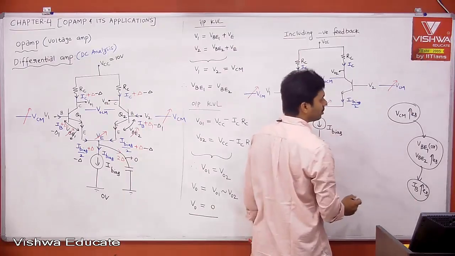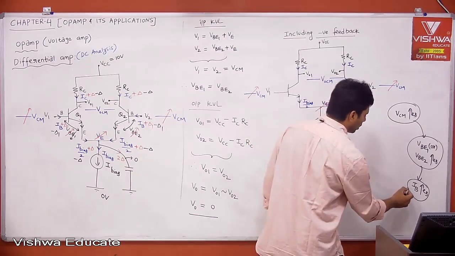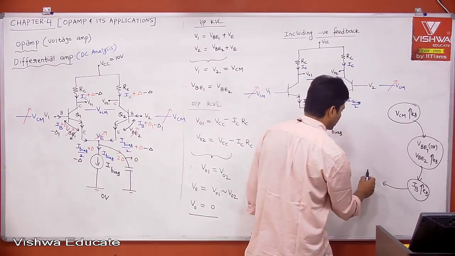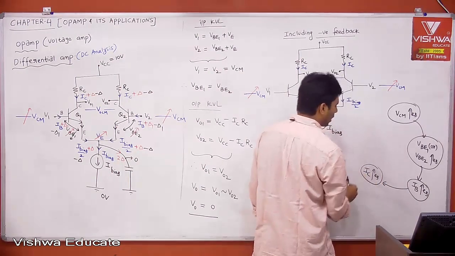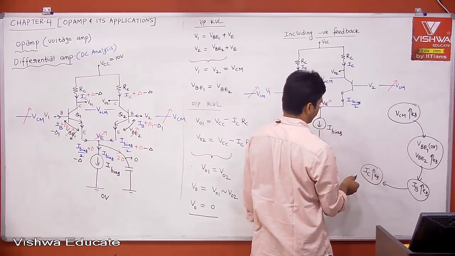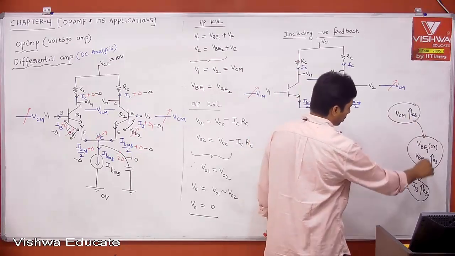When IB is increasing, indirectly your IC is increasing. When IC is increasing, this is your common mode effect.